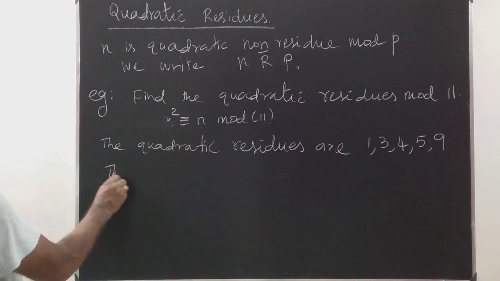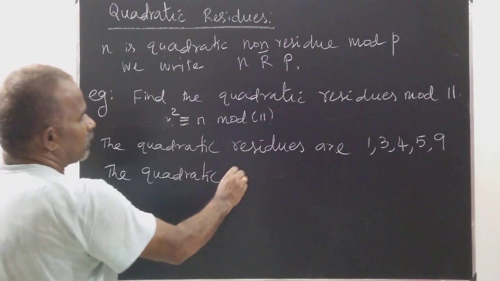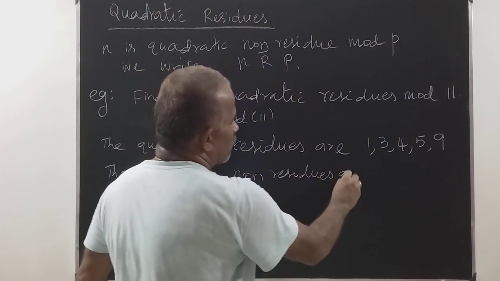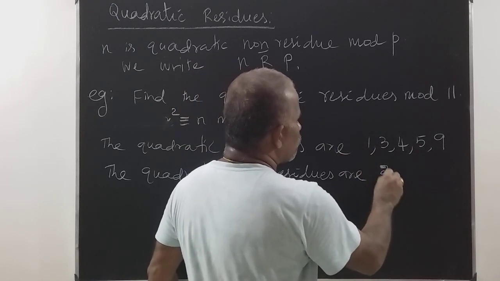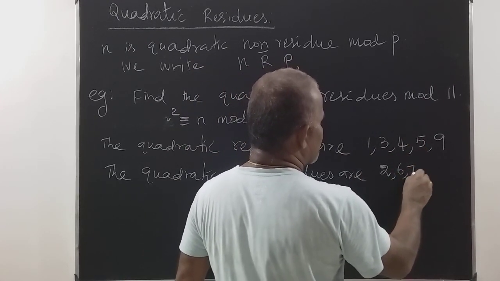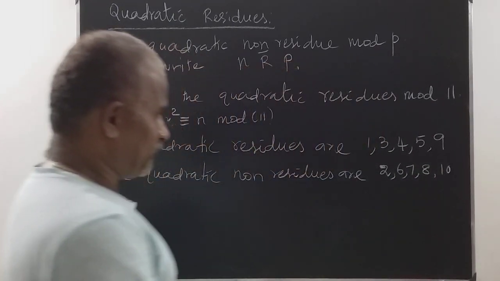The quadratic non-residues are 2, 6, 7, 8, 10.